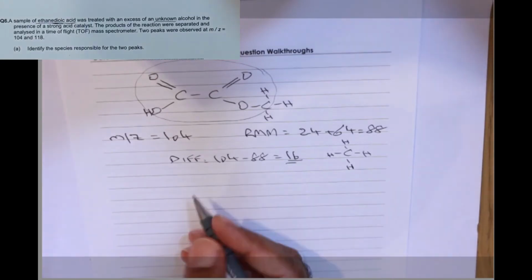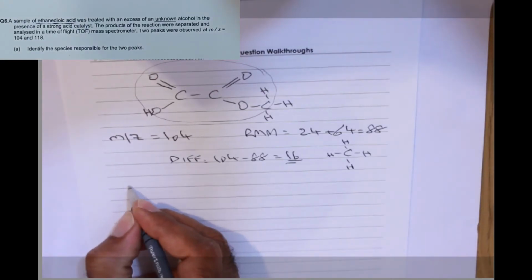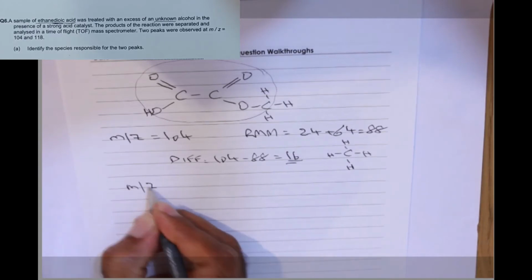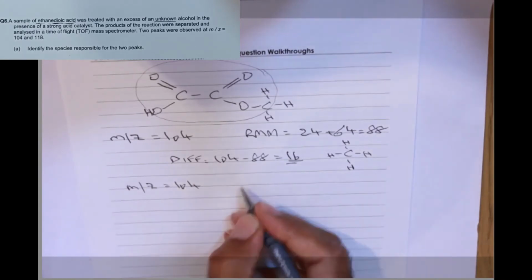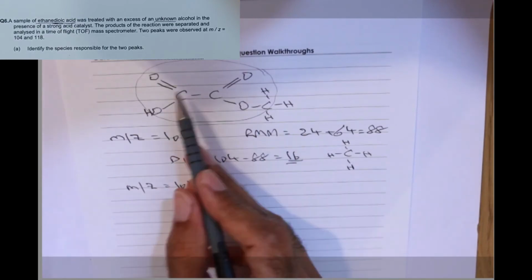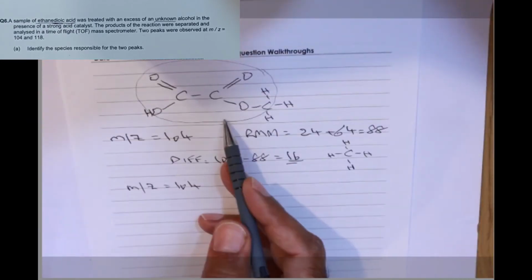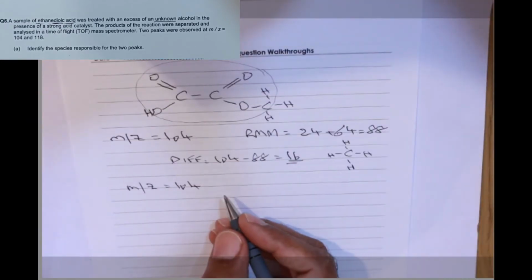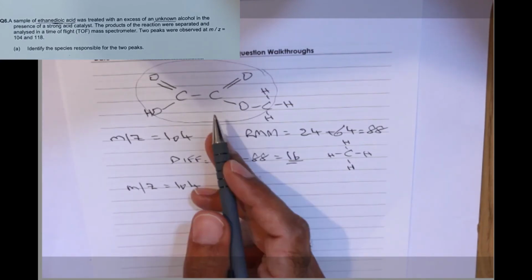So the species for the m/z equals 104 peak is literally, you can draw it as a displayed formula like I've done. However, you need to get used to structural formulas. You'll get the mark, it's not a problem, but you've got to remember to do one thing.